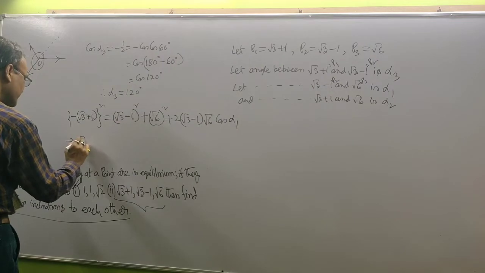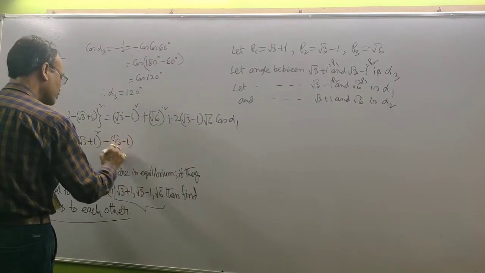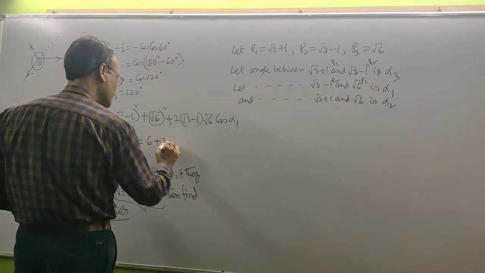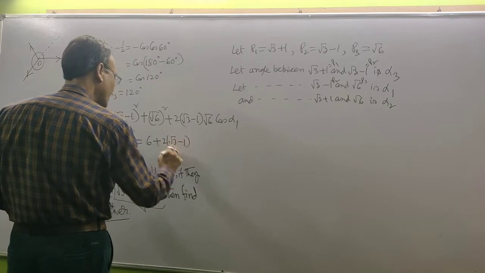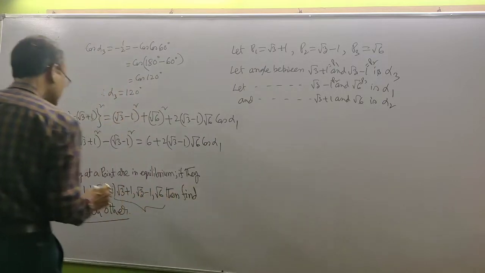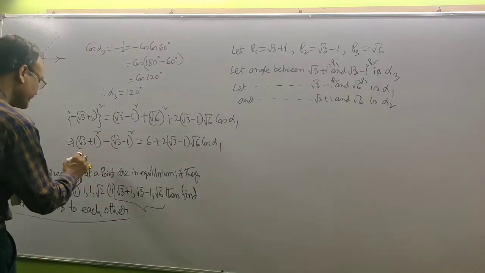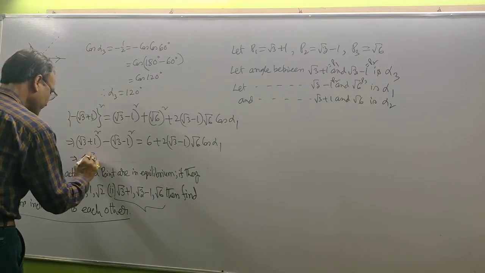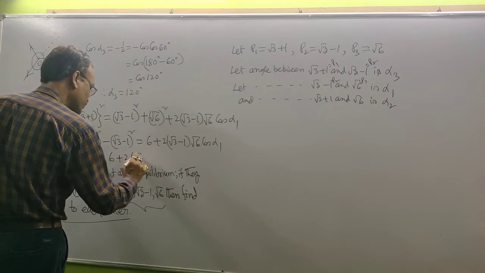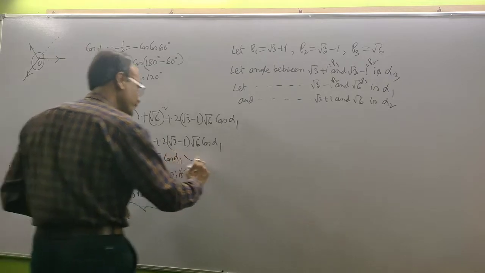This means (root 3 plus 1) whole square minus (root 3 minus 1) whole square should be equal to 6 plus 2 times (root 3 minus 1) into root 6 cos alpha 1. (a plus b) whole square minus (a minus b) whole square should be equal to 4ab. So 4 root 3 equals 6 plus 2 times (root 3 minus 1) root 6 cos alpha 1.